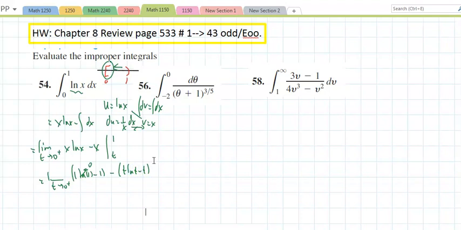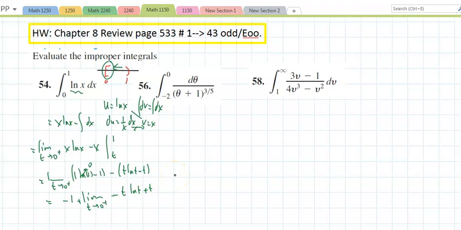And here, I'm trying to figure out how this works. This is going to be a negative 1. And I'm taking the limit as t approaches 0 from the right of negative t natural log of t plus t.